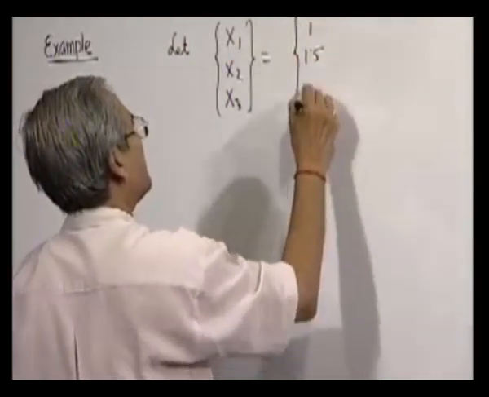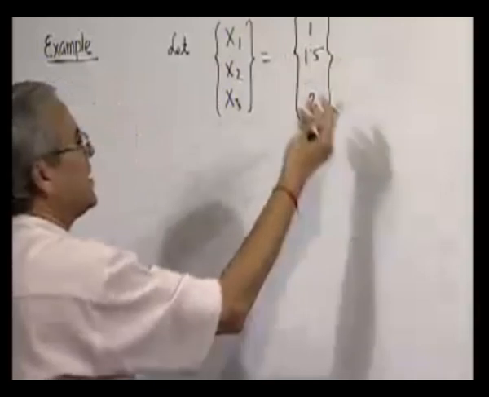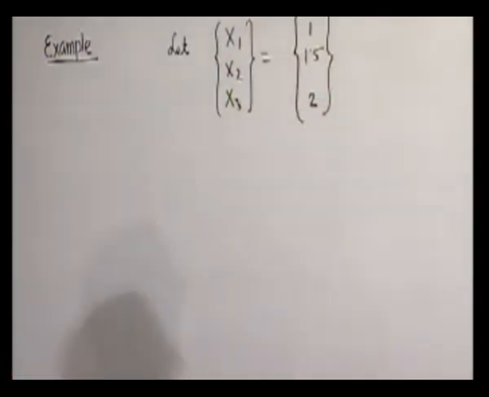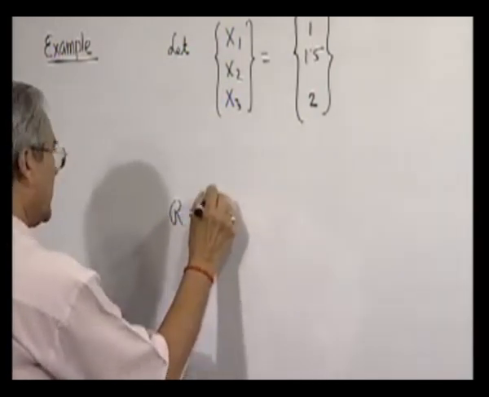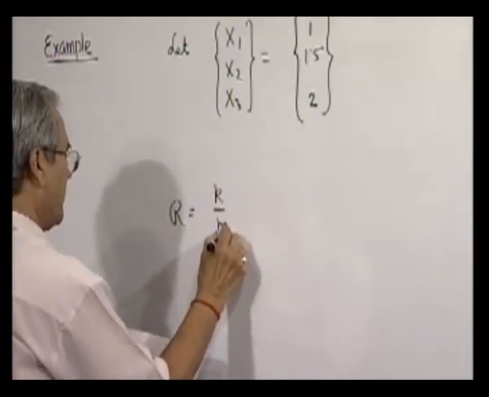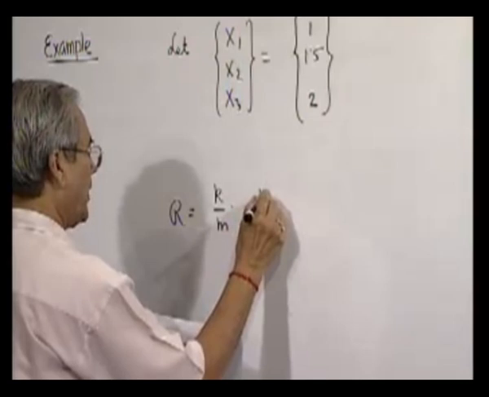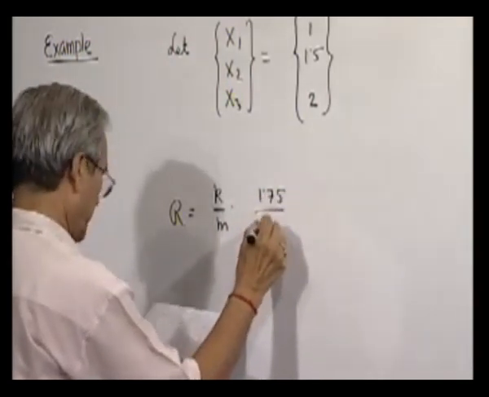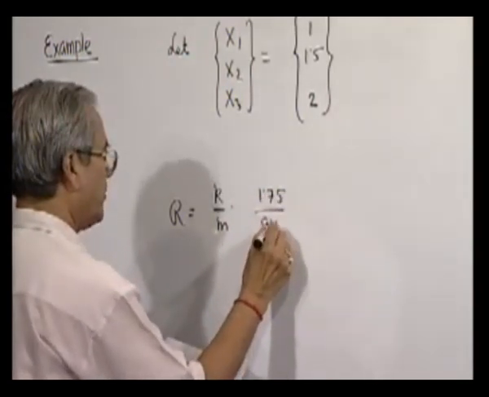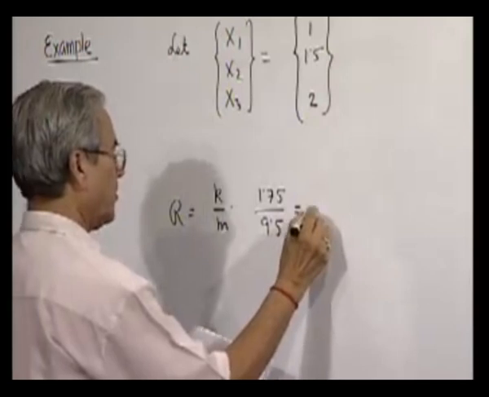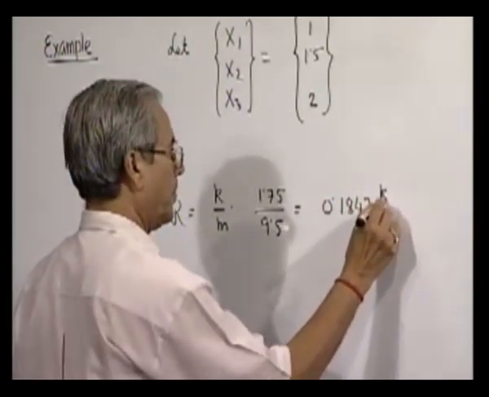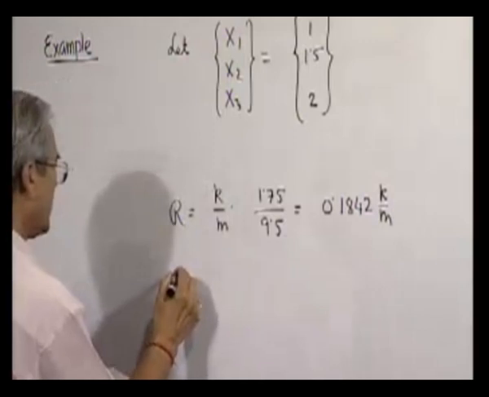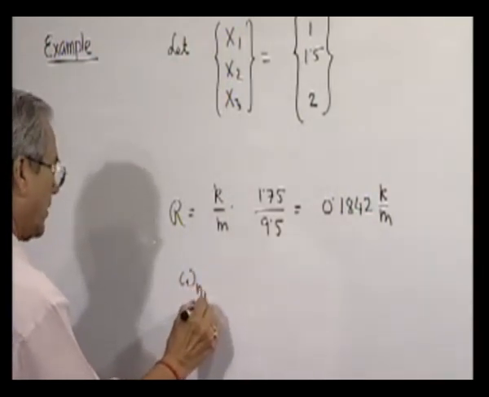This is a very crude way of doing it, as you can see. If you use this, you will get Rayleigh's quotient as k by m into 1.75 by 9.5, and this will result in an approximate value of this.